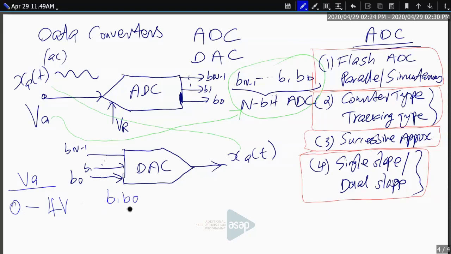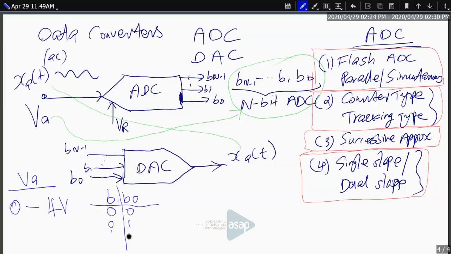It is also there. So we could put them into a single basket. Then another category of ADC is called successive approximation ADC. Then yet another approach for this ADC process is called single slope or dual slope. So they are also put into a single basket.